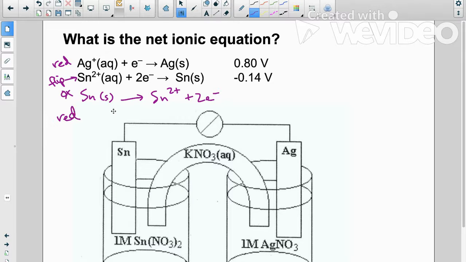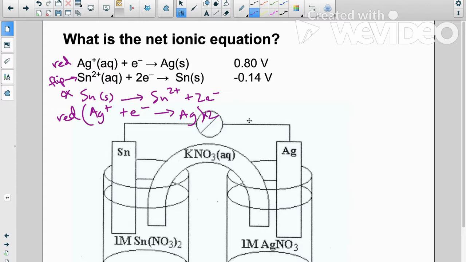Our reduction is this Ag+ plus an electron goes to Ag solid. Notice in order for us to write the balanced equation, we need charge balance. We need to balance the electrons, because the number of electrons produced by the oxidation has to be transferred to the reduction. So we're going to take this second equation and multiply by 2.